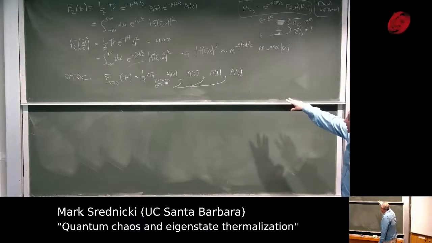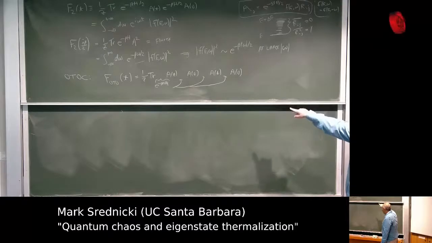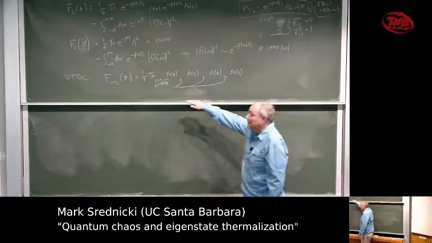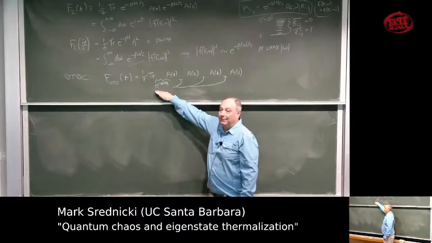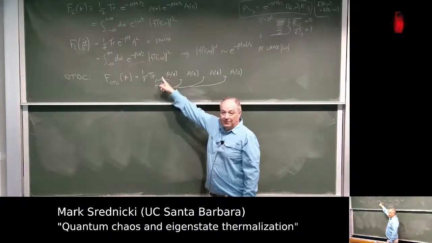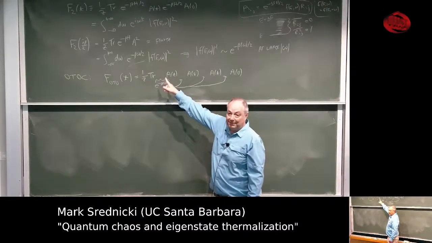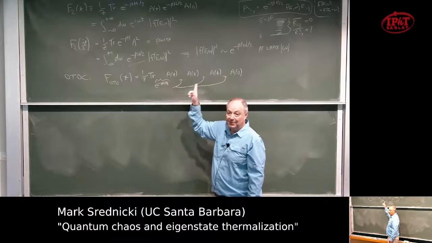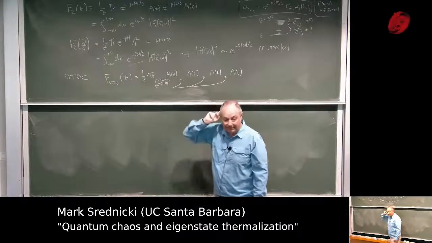And there's a bound on the exponential growth rate. That bound depends crucially on how we do this. If you just put an e to the minus beta h in front, the bound, to the best of my knowledge, goes away, and there is no bound anymore.